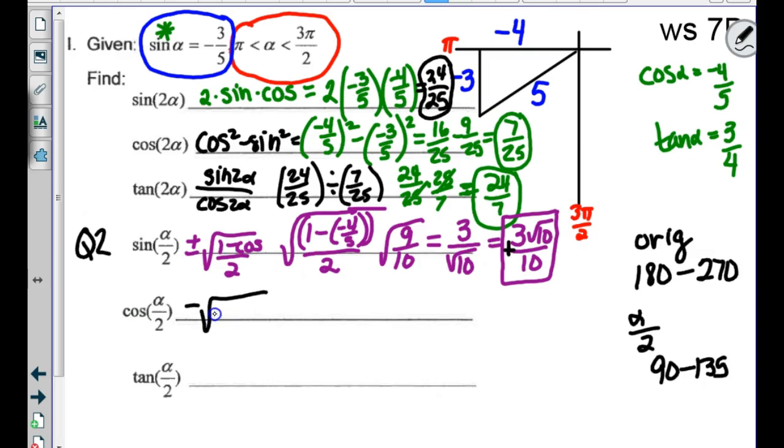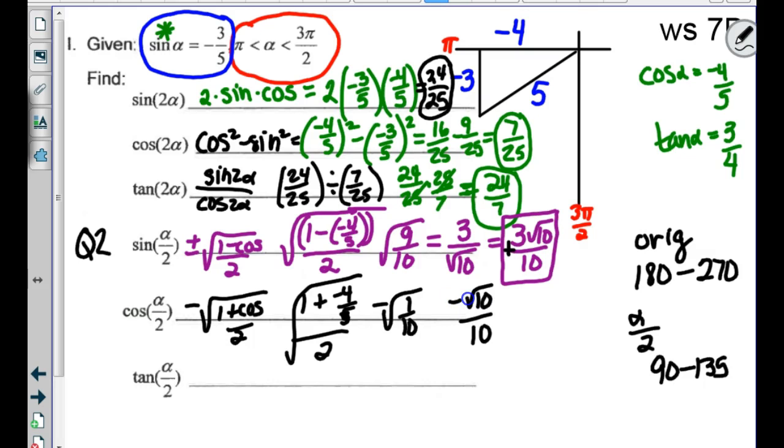But the cosine is going to be negative, so we're going to have negative square root of, and the formula is 1 plus cosine over 2. So it would be 1 plus negative 4/5 over 2, which is 1/5 divided by 2 is 1/10. So it's going to be negative 1 over square root of 10 or square root of 10 over 10.